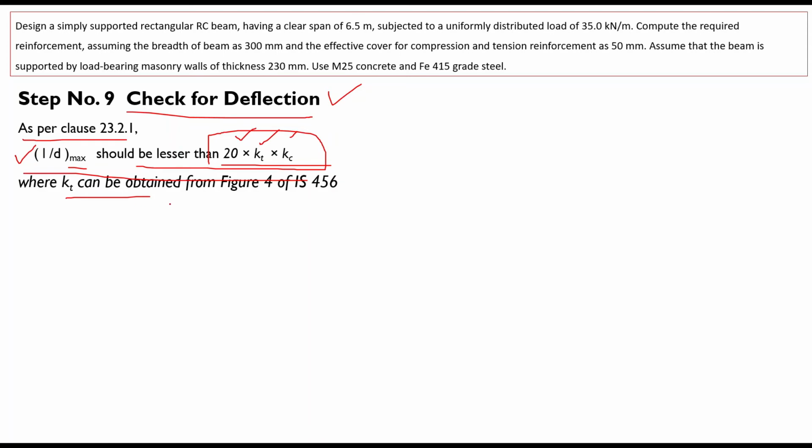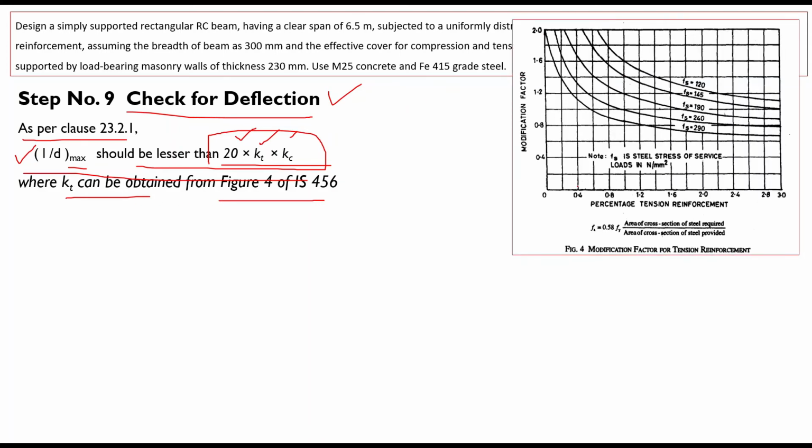KT we can obtain from figure number 4. This is figure number 4, the modification factor for tension reinforcement. And how can we calculate it? First of all, we have to find this value, that is the area of cross section of steel required and the area of cross section of steel provided.